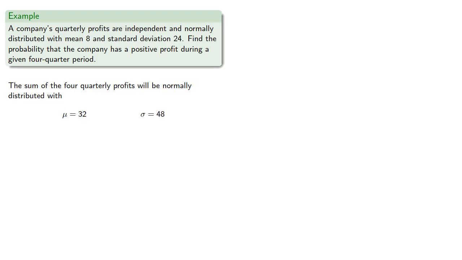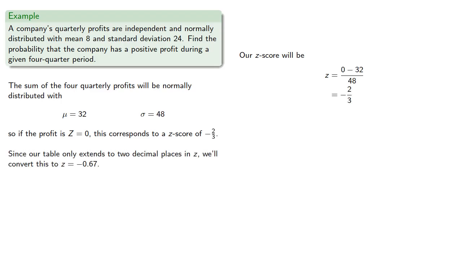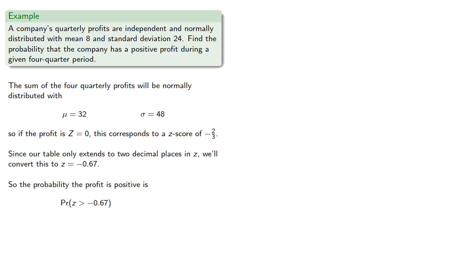So if the profit is 0, well, that corresponds to a z-score of, since our table only extends to 2 decimal places, we'll convert this to the decimal negative 0.67. And so the probability the profit is positive will be, so let's go ahead and graph that region.